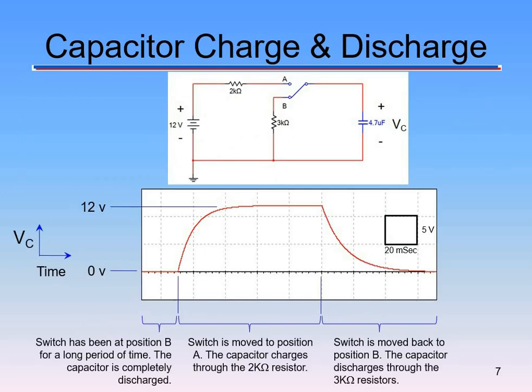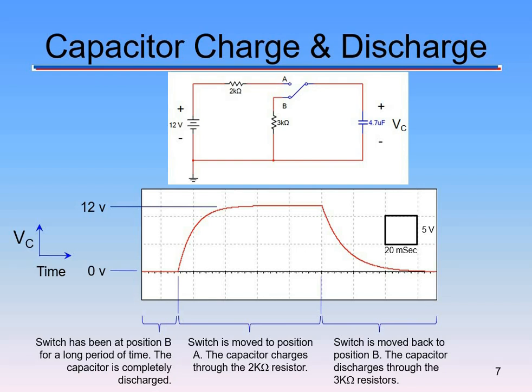So let's take a look at what's going on here graphically. We're always going to go over this terminology: imagine a switch has been in a position for a long time. I don't like that term, but in every single electrical book we use at the university level, it always refers to that verbiage, and it's confusing because a long time to you or I might be 6 months or a year.